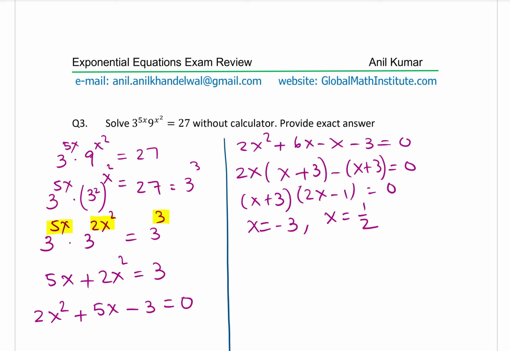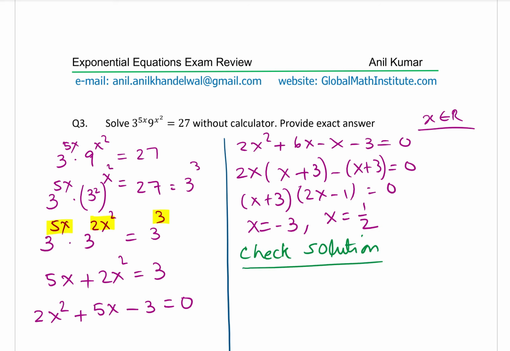Now, what you need to figure out is whether this minus 3 really works or not. Well, as far as the equation is concerned, we know x belongs to real numbers, so a negative value could work, correct? However, I would like you to check the solution.